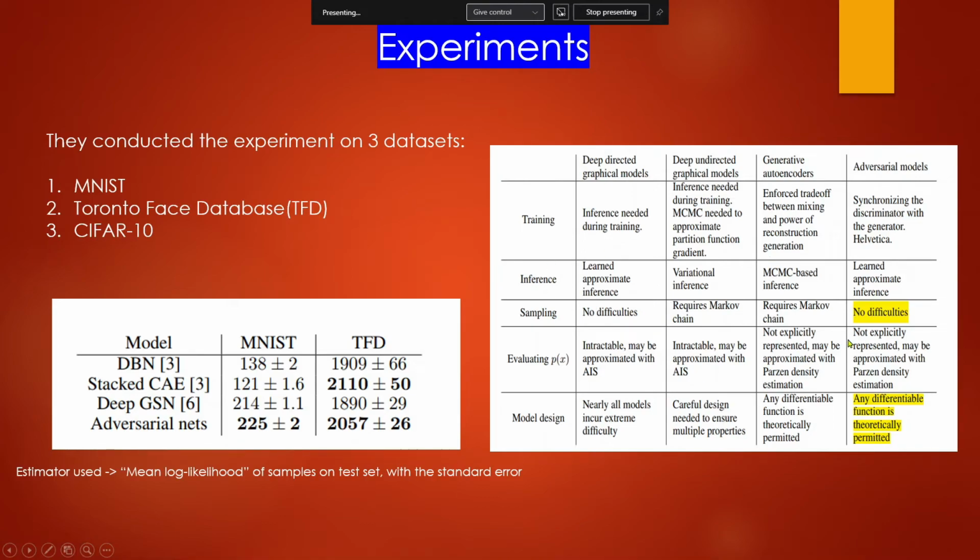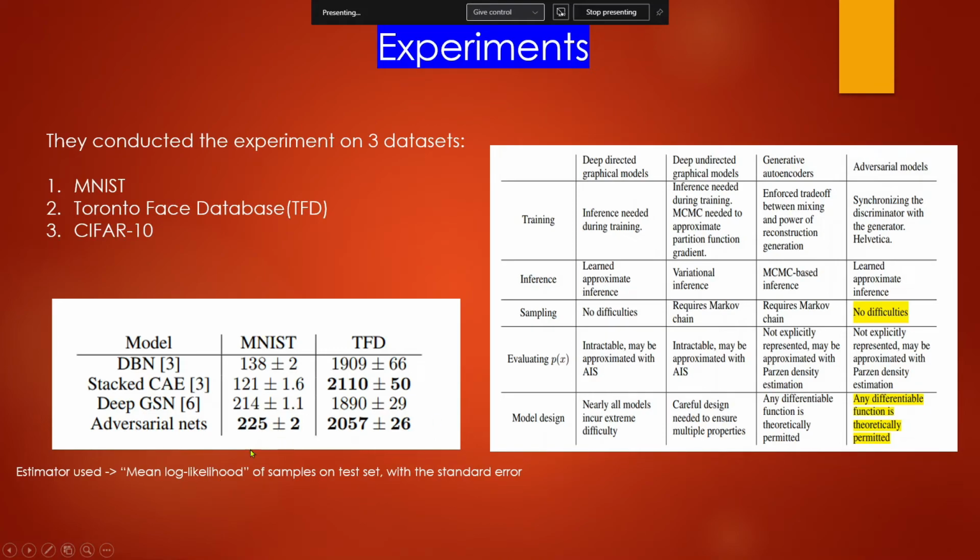As you can see, any model that uses a Markov chain is bad. Just keep this in mind for now; my partner will describe why. Sampling and Markov chain use is bad, and adversarial models don't use this, so there are no difficulties.